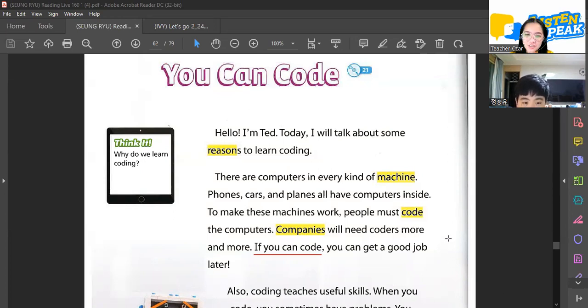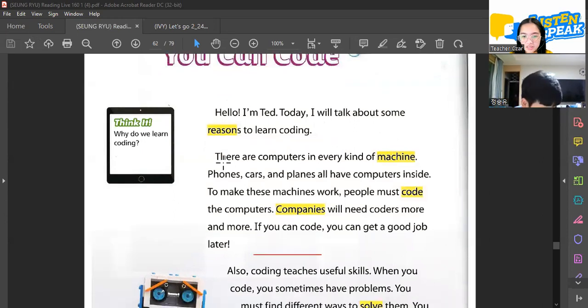Very good. So in this one, there is unit 10. And we will talk about some reasons to learn coding. Okay. So nowadays, there are computers in every kind of machine. For example, there are computers in phones, cars, and airplanes, and all have computers inside. And to make these machines work, people must code the computers.